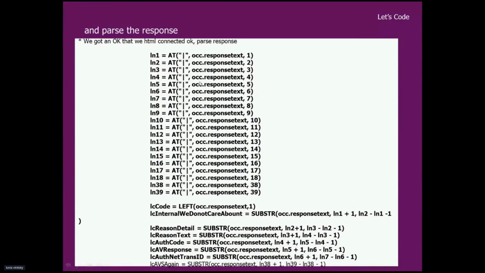So we're creating a split here, and we're putting together the message. So it so happens that in authorized.net, the third item is the reason detail. The fourth is the reason text. The fifth is the authorization code. The sixth is the transaction ID, etc.